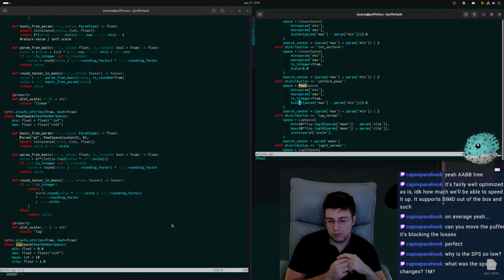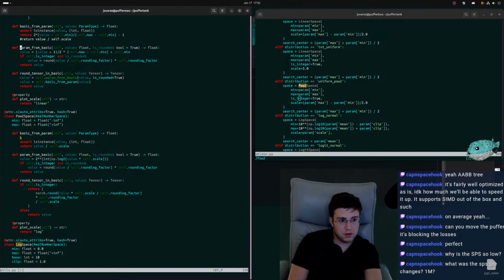That's not quite right. I think it's actually very similar to the log space and its scaling.